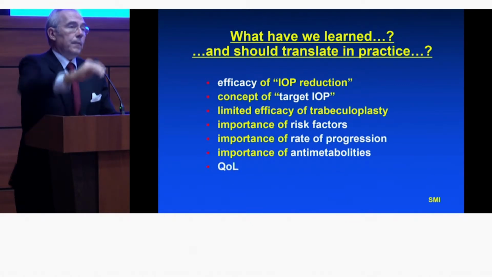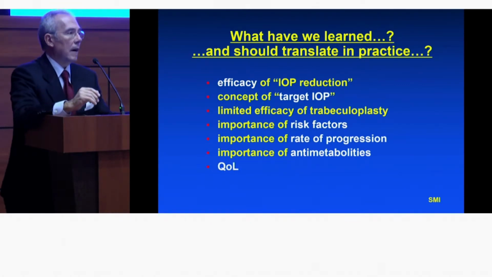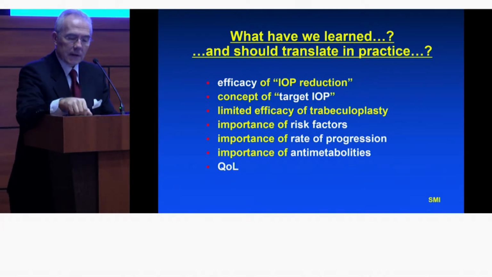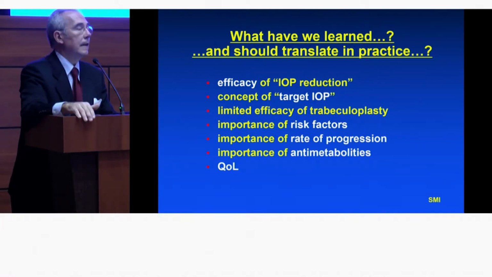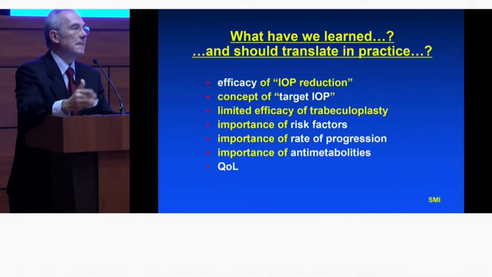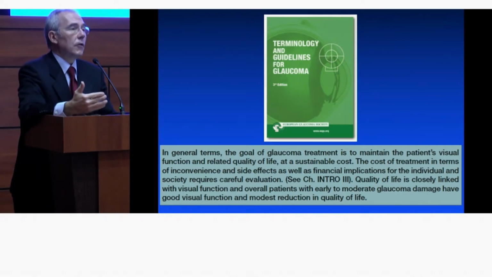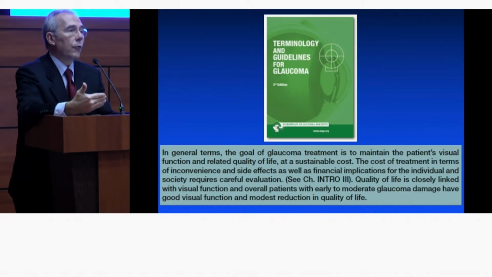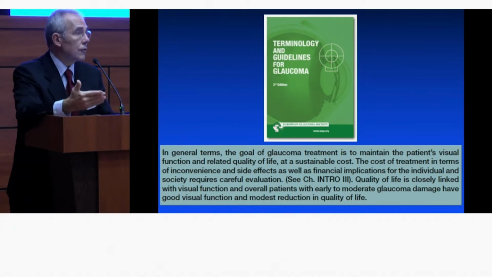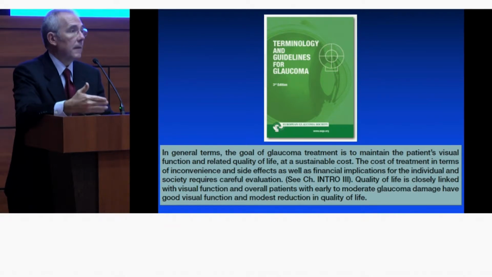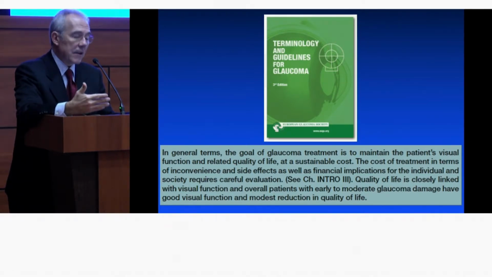Quality of life. Quality of life has become quite important. Of course, we live in wealthy countries where population expectations are very high. Quality of life is very important. First of all, because the medical treatment is often associated with a lot of secondary effects that patients don't want to have, and also surgery may be affected by secondary complications, which may really be dangerous for the patient.